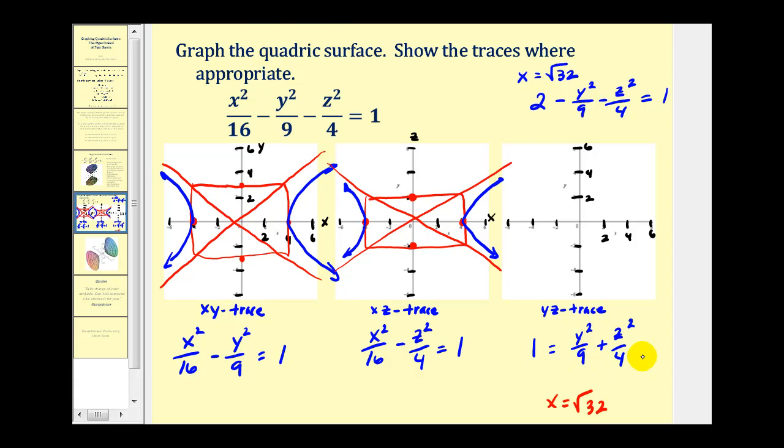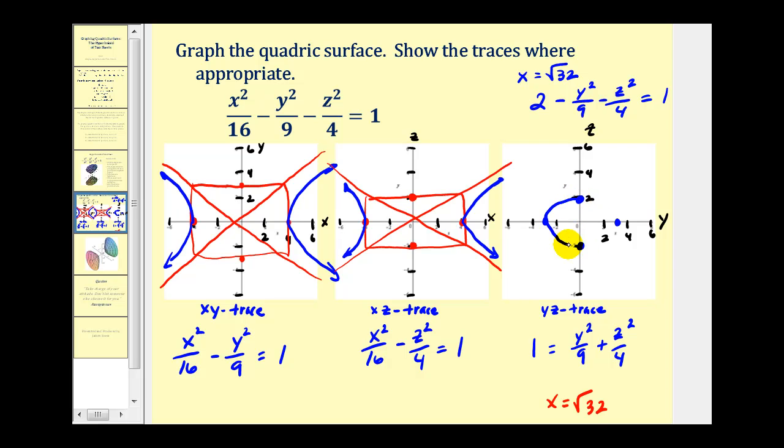Again, we should now recognize this as an ellipse. The major axis will be along the y-axis, so we'll call this the y-axis and this the z-axis. Since b squared is equal to 9, b is 3, so we'll make a point here and a point here, the endpoints of the major axis. And since c squared is equal to 4, c is 2, so we'll make a point up and down 2 units.